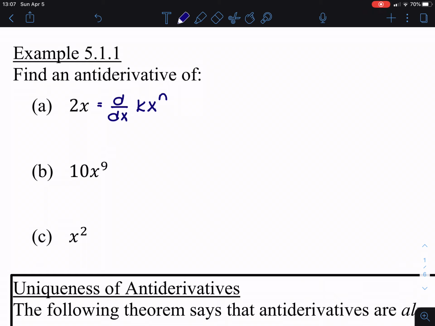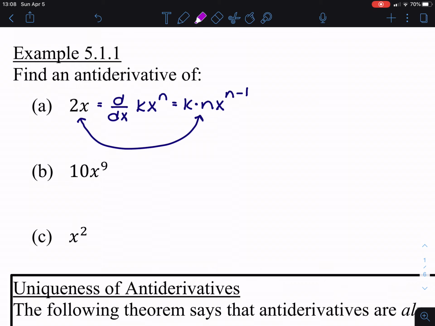When I take the derivative of k times x to the n, I take the k and write it down, multiply it by my exponent, and then decrease my exponent by 1. These two things, 2x and k times n times x to the n minus 1, are equal to each other.